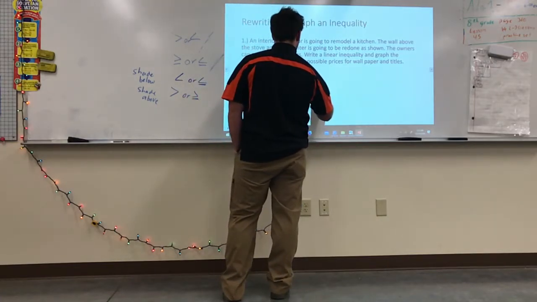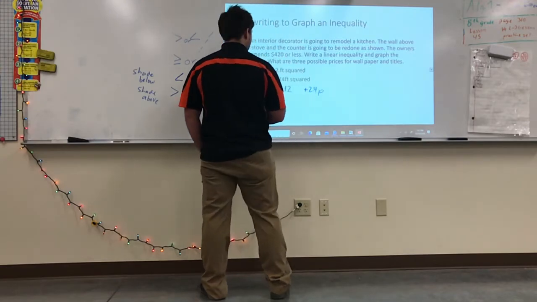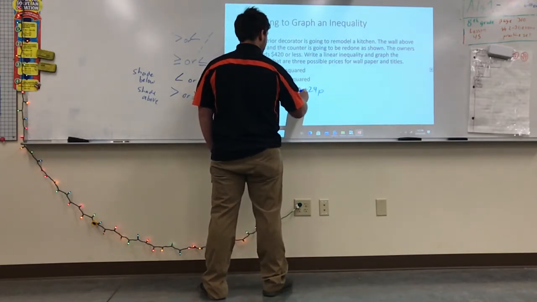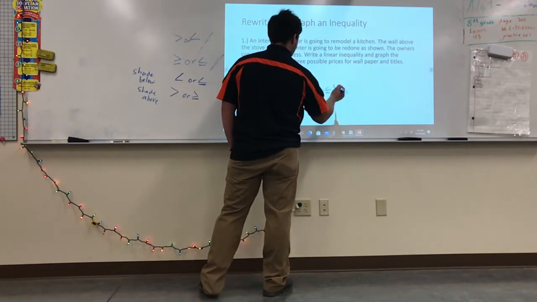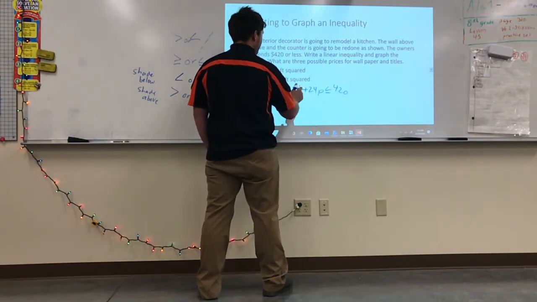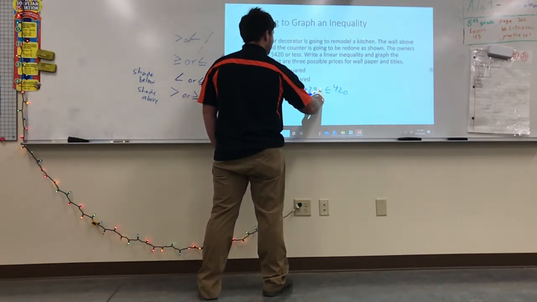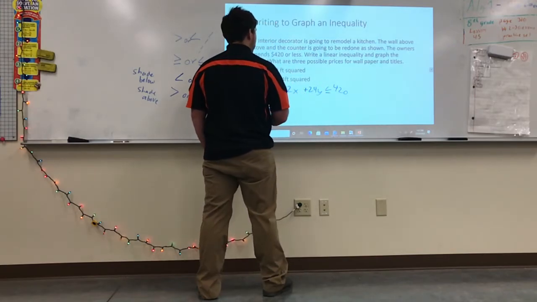So I'm going to go P there, I'm going to go T here, and this has to be less than or equal to $420. Okay? This could realistically be X. This could be Y. Okay?